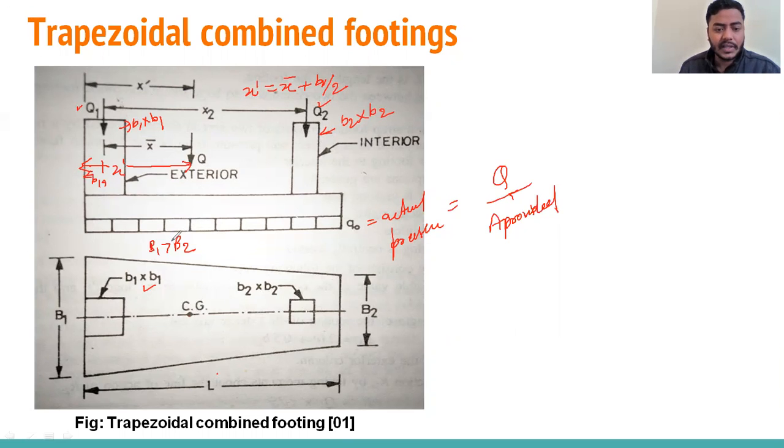So to get the uniform pressure distribution, this CG should lie on this line. Right. Okay. So we will follow all this nomenclature: B1, B2, L, CG, B1 into B1 cross section, B2 into B2 cross section.